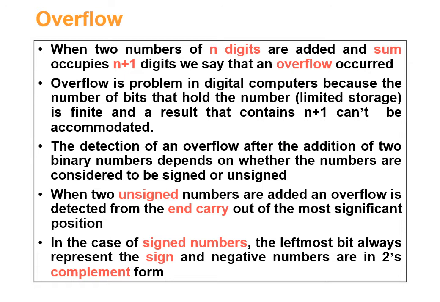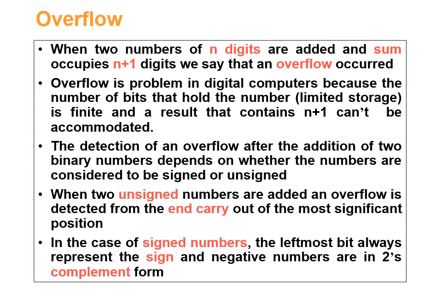The detection of an overflow after the addition of two binary numbers depends on whether the numbers are considered to be signed or unsigned. When two unsigned numbers are added, an overflow is detected from the end carry out of the most significant position. In the case of signed numbers, two details are important.